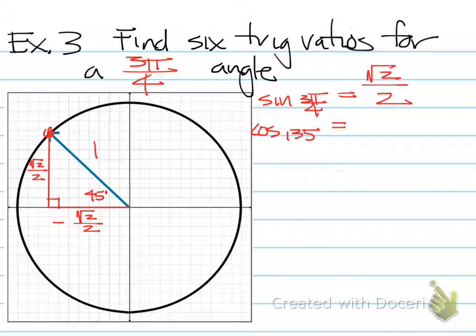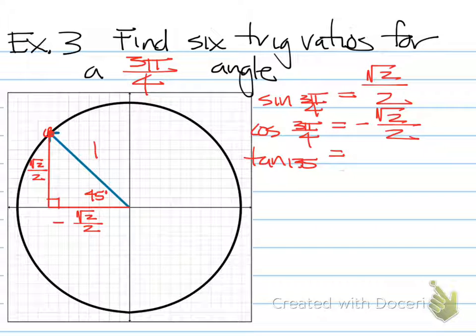And then cosine of 3 pi over 4 corresponds to the x coordinate at that point on the unit circle. All right, and that would be negative square root of 2 over 2.